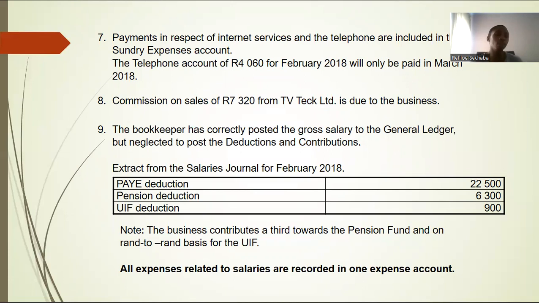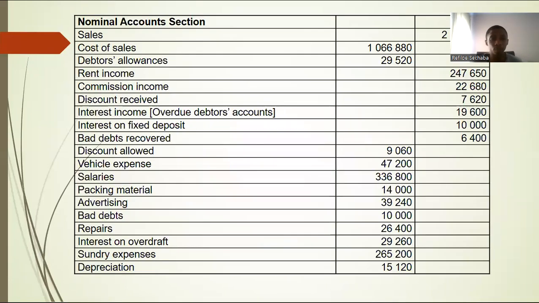Remember, in the trial balance, let me just go back to it. You have a sundry expense. Our sundry expense in the trial balance is 265,200. That 265,200 does not include the 4,060 we spoke about, because that has not been paid. Remember when I started, I said the expenses that appear here are there because they were paid. The question is, was it supposed to be there?